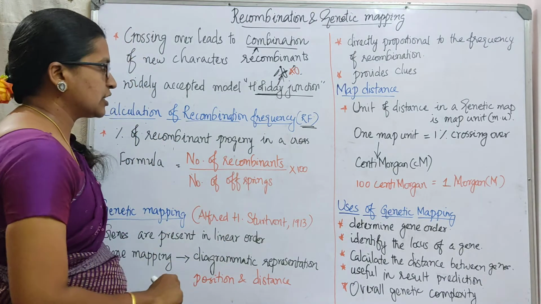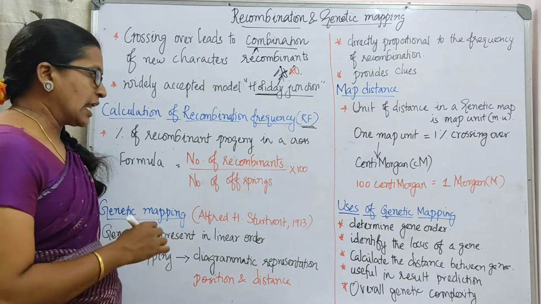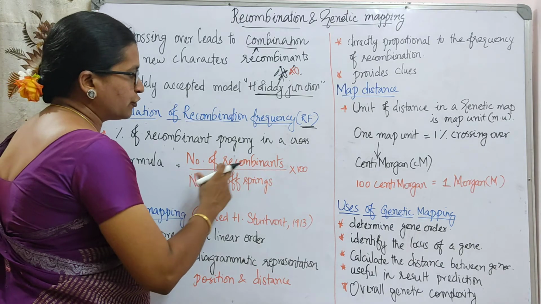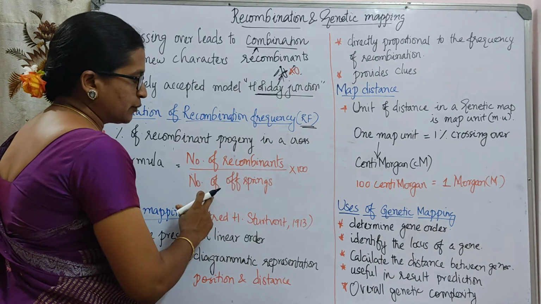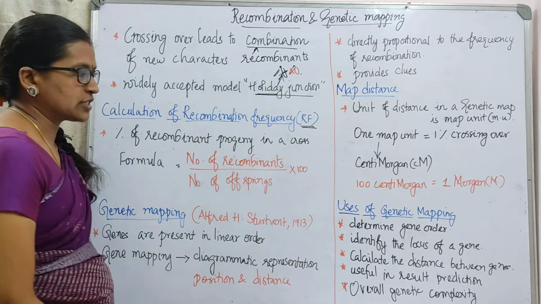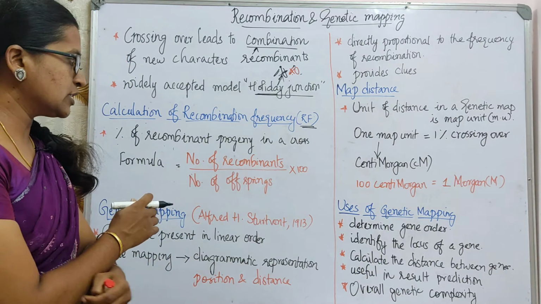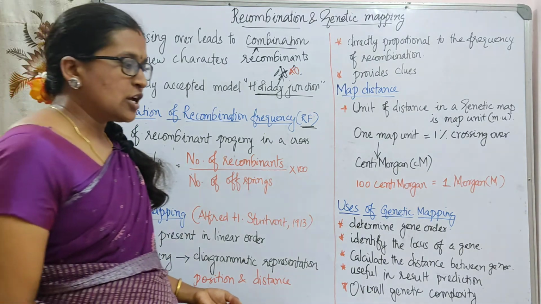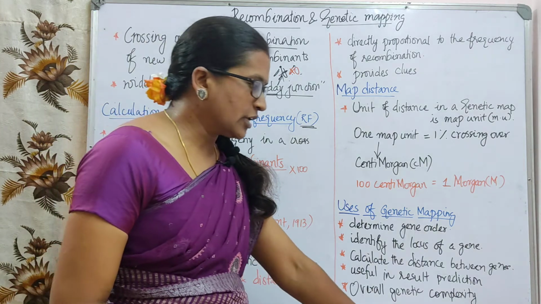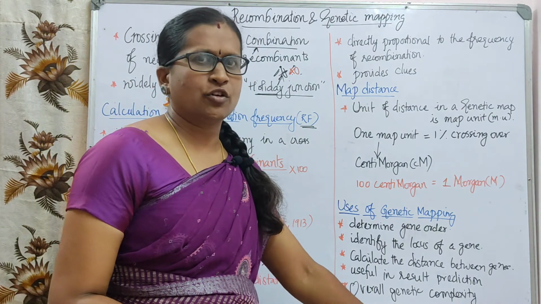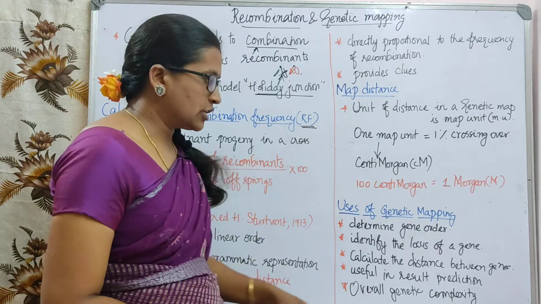We can calculate it by the number of recombinants divided by the number of offspring. For any type of cross we can learn about this recombination.